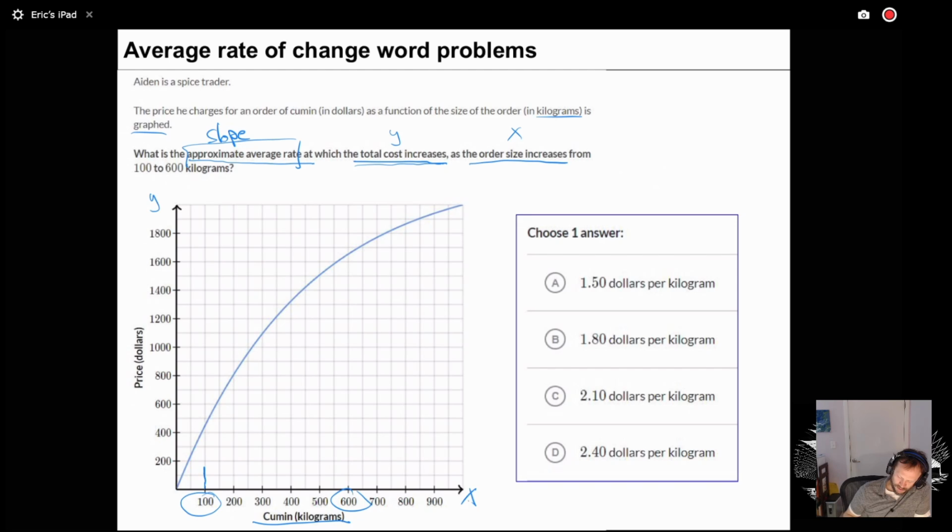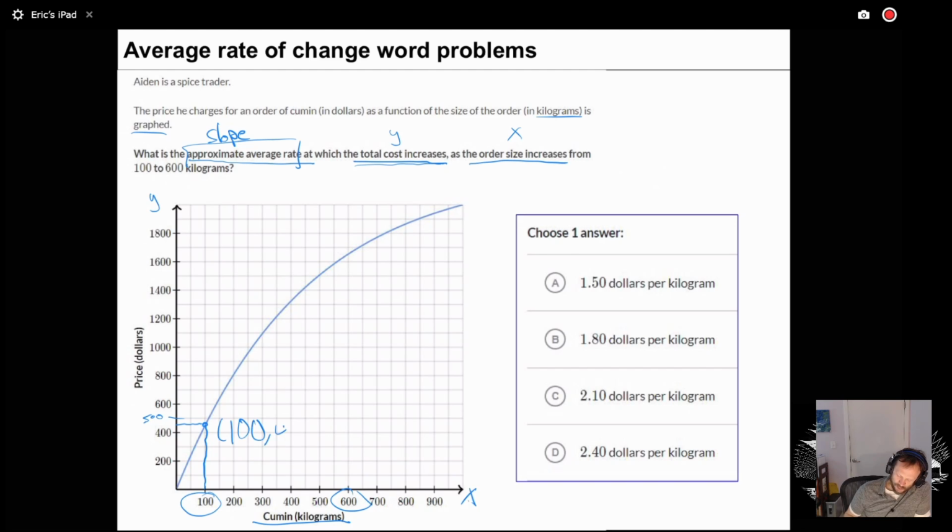If we look here, the point corresponding to an X value of 100 is somewhere between 400 and 500, about halfway between, so we'll put 450.